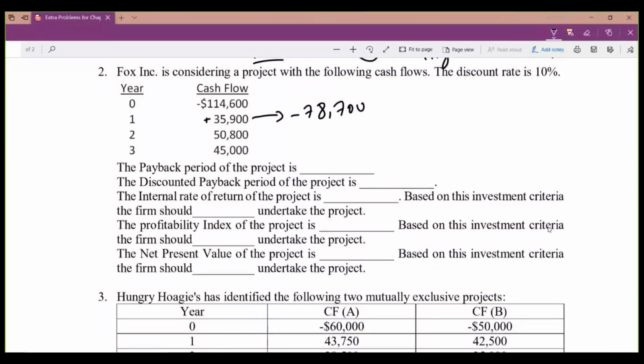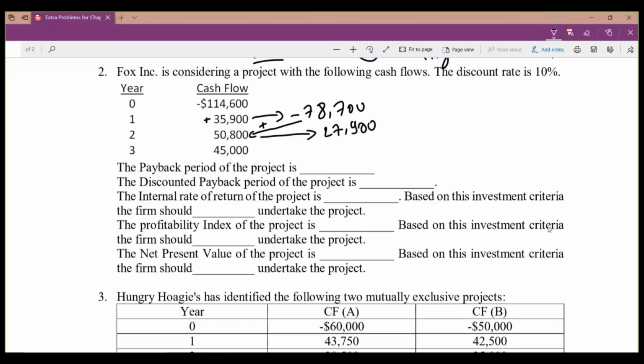In the second year, I will be receiving 50,800. So I add that amount. And after the second year, I still need to recover $27,900. As you can see, in the third year, I will be receiving $45,000. This is more than I still need to recover.